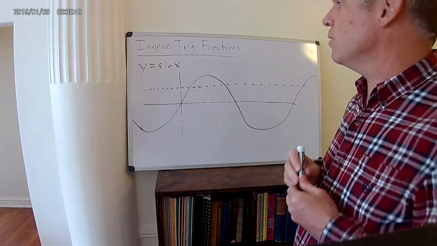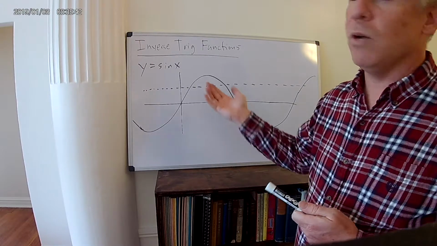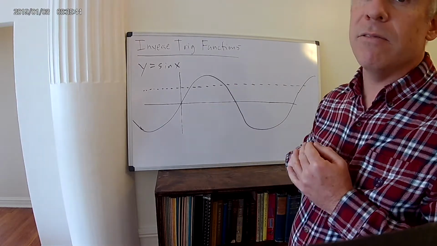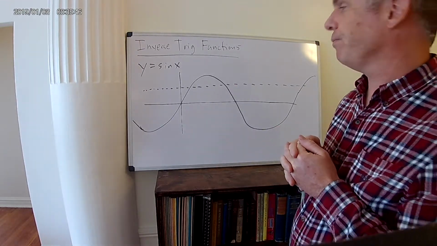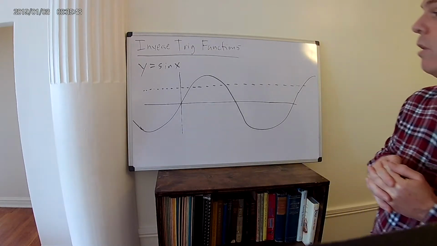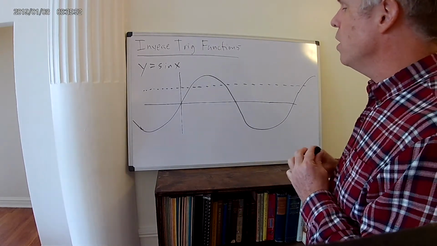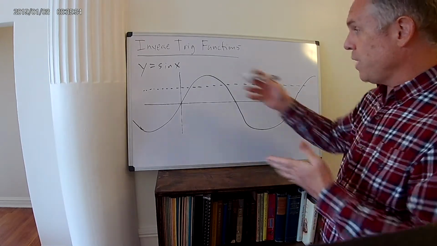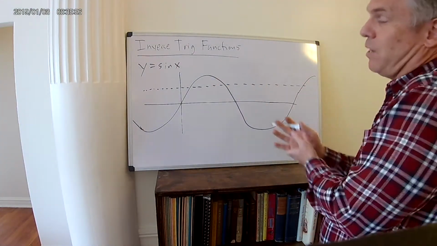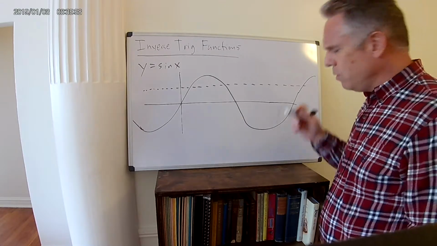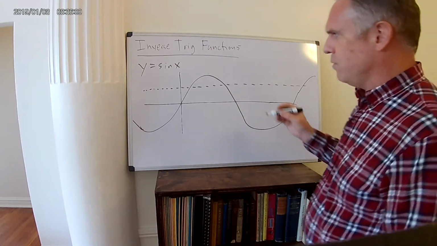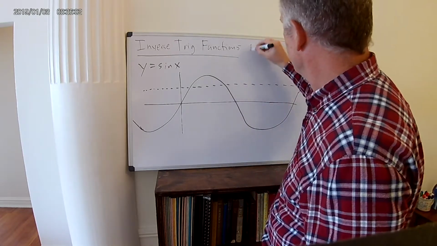And it may seem like this is completely pointless because if we don't have a one-to-one function, we can't find an inverse function. However, there's a clever trick we can use. Sine of x is not one-to-one and doesn't have an inverse, but what we can do is restrict the domain of sine of x.